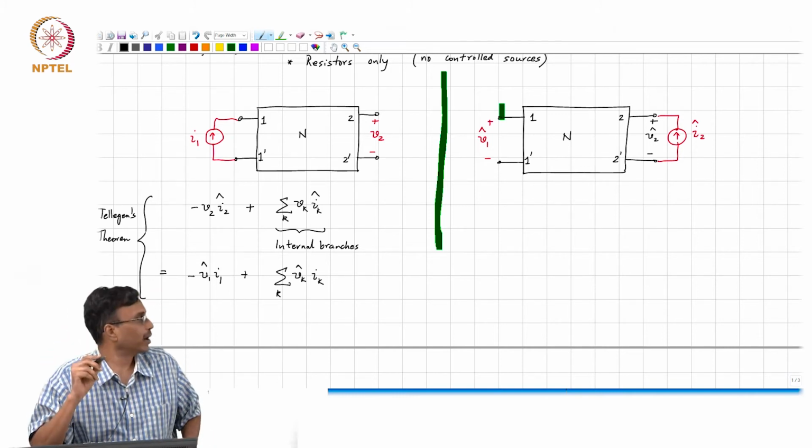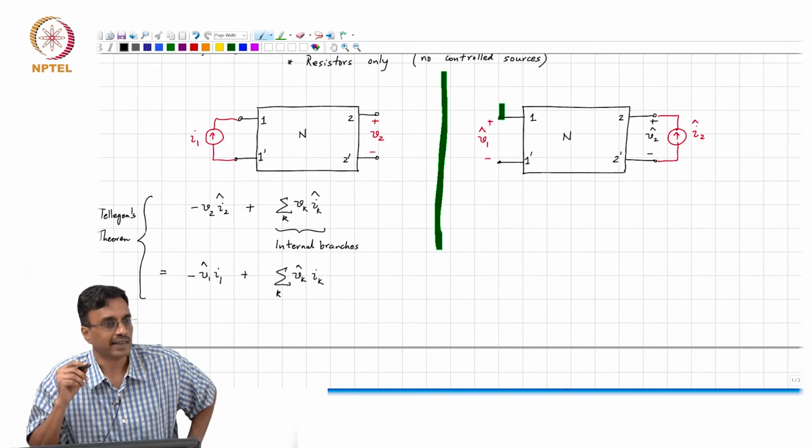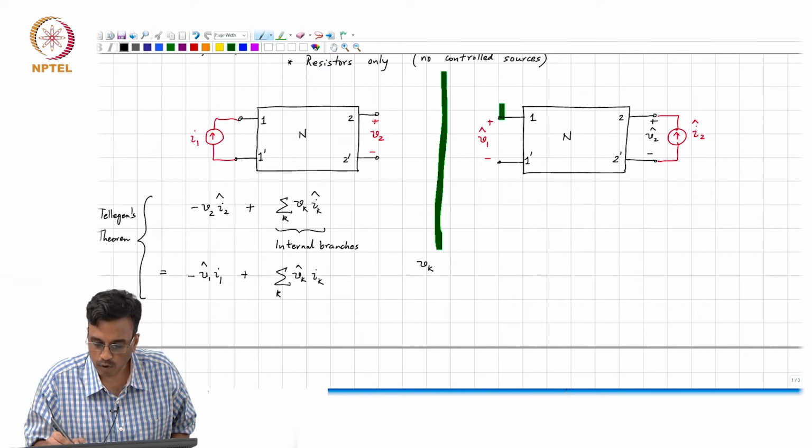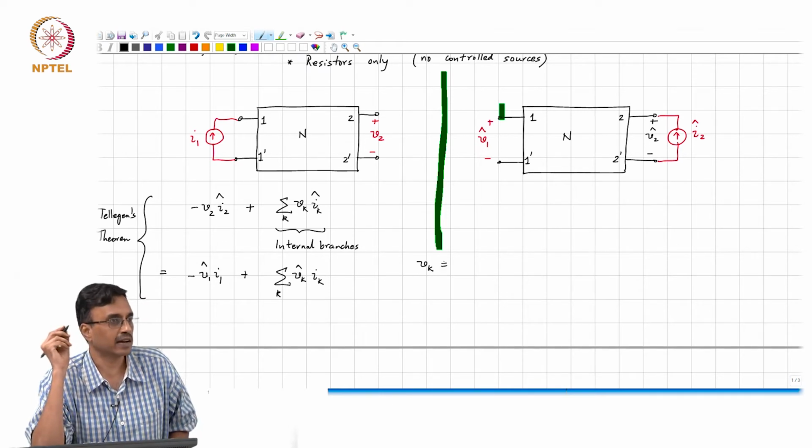We still have not exploited the fact that the network is linear and that every branch is a resistor. So how is the branch current related to the branch voltage?